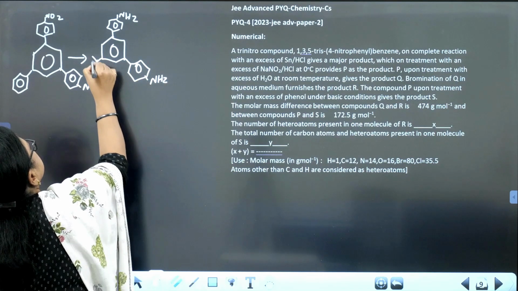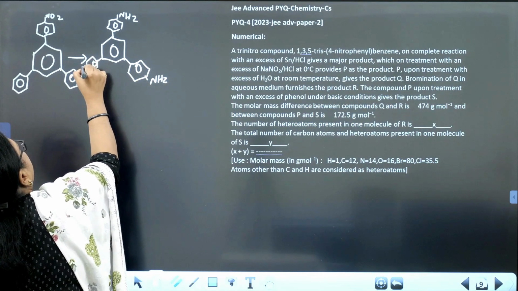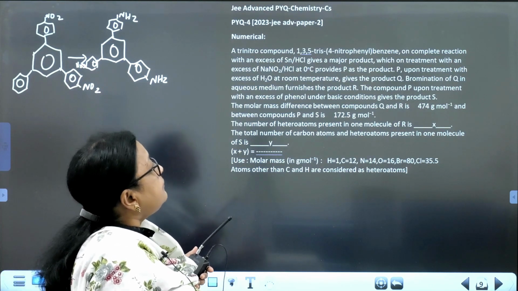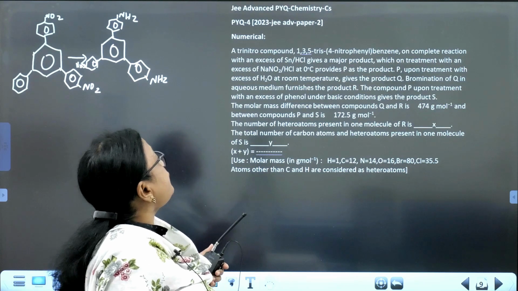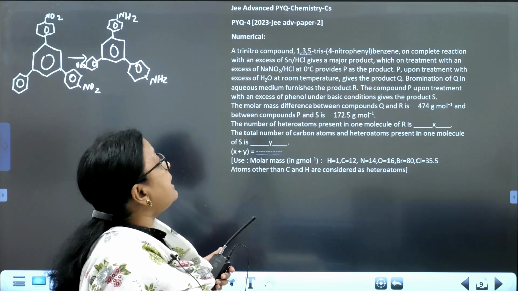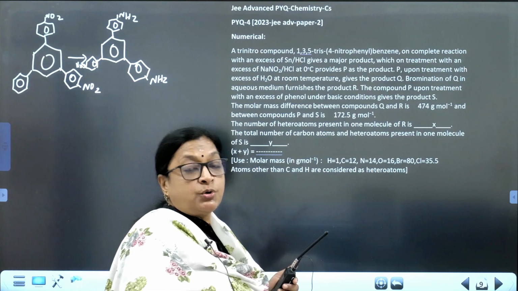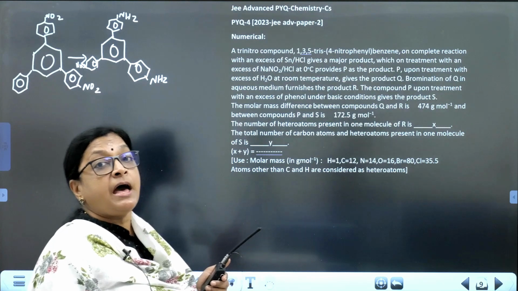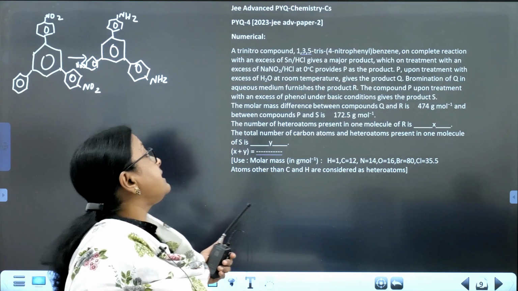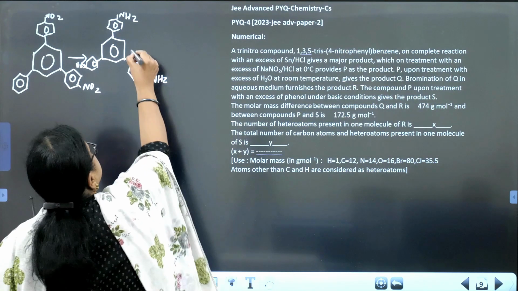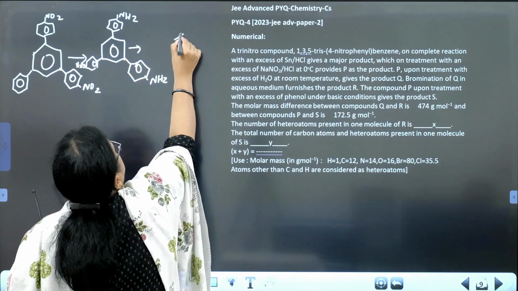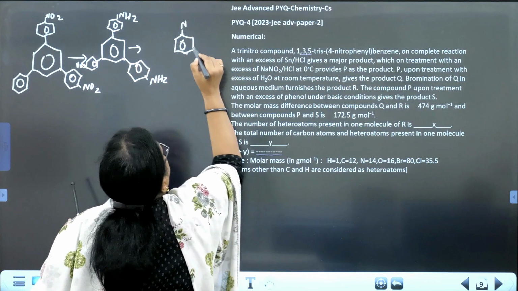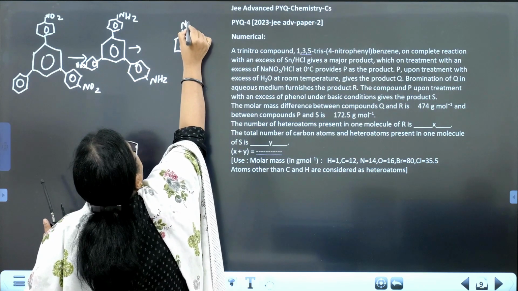At all the three positions you will have aniline now, NH2, and which on treatment with an excess of NaNO2 HCl at 0 degrees Celsius. So this reaction is diazotization reaction of aromatic primary amines. Aniline undergoes diazotization where at all the NH2 diazotization takes place, resulting in benzene diazonium chloride.